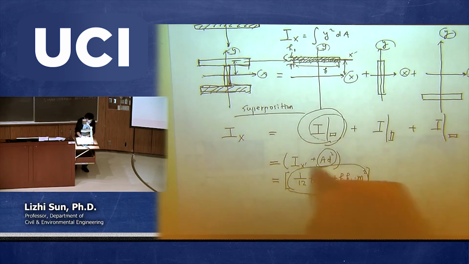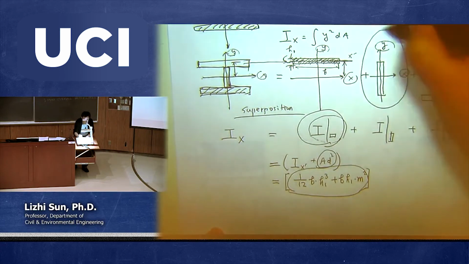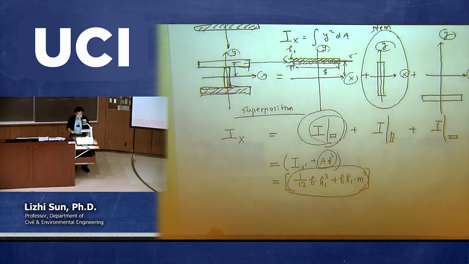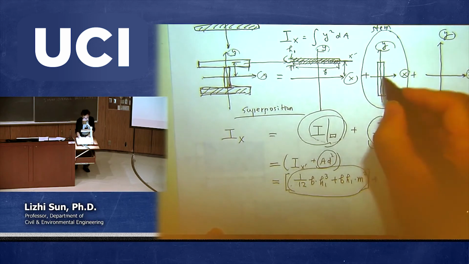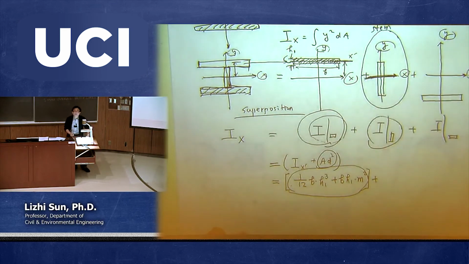So this result, I'm not going to calculate, is the moment of inertia based on the first part. Now let's move to the second part, which is the stand part. What is the moment of inertia of this one? That's easy because this x-axis is passing through the centroid.